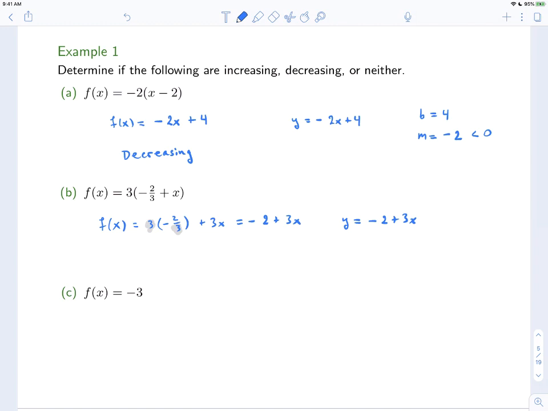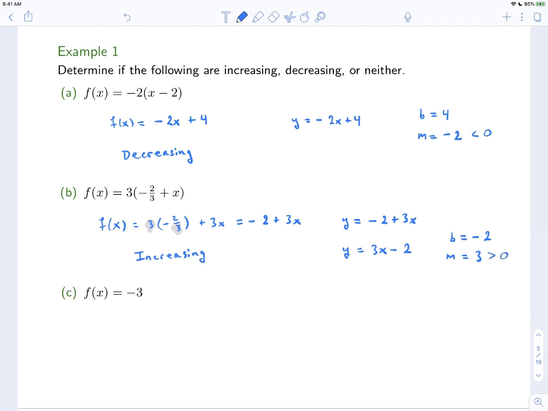This is slope-intercept form. But don't be confused by the fact that the intercept is written first. This is the same thing as y equals 3x minus 2. So now you can see that b is this negative 2. So the y-intercept is negative 2, and the slope is 3. So in this case, the function is increasing because the slope is positive.